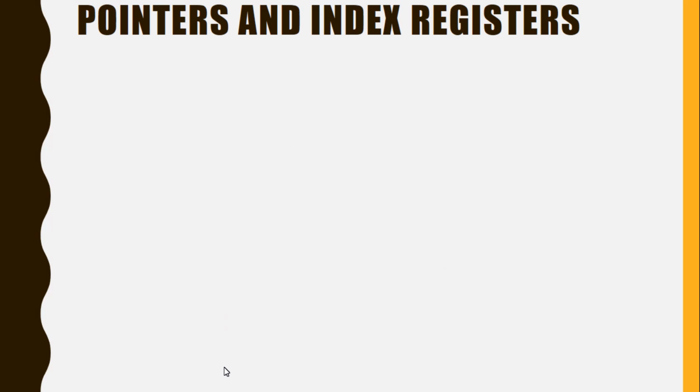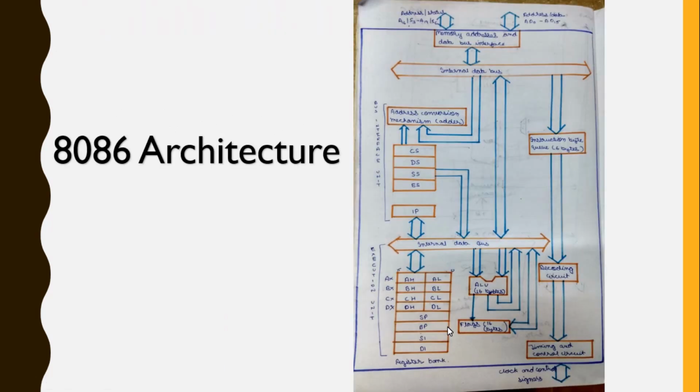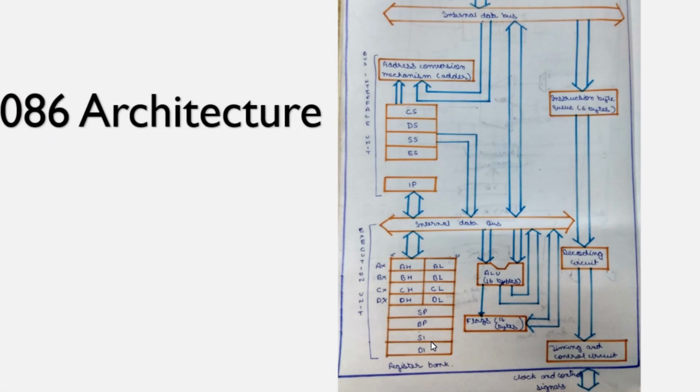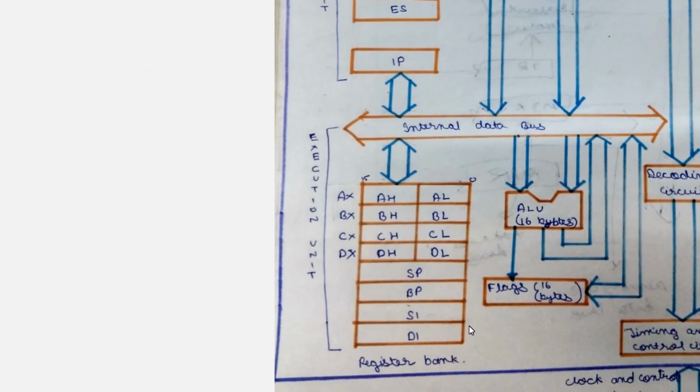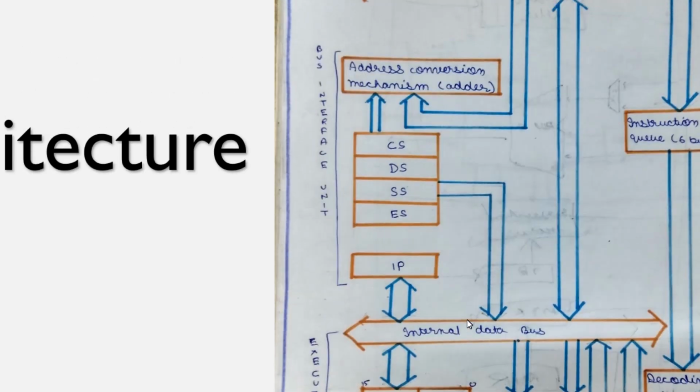Pointers and index registers come under the general segment registers, that is SP, BP, SI and DI in the architecture of 8086.